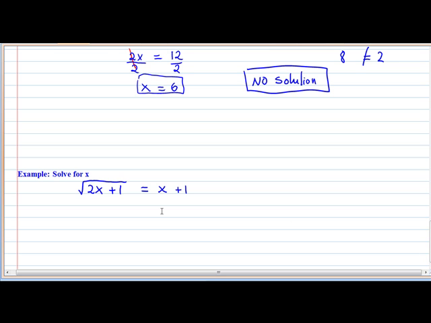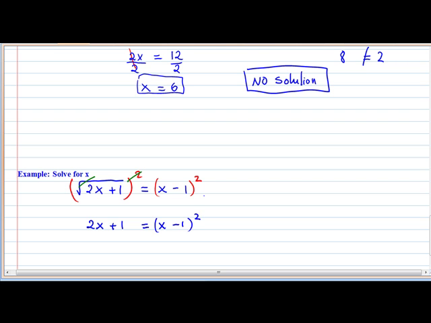Solving for x for this problem, we need to isolate the radical by squaring both sides. When you do this, the radical and the 2 cancel out. I'm left with 2x plus 1 equal to x minus 1 squared.